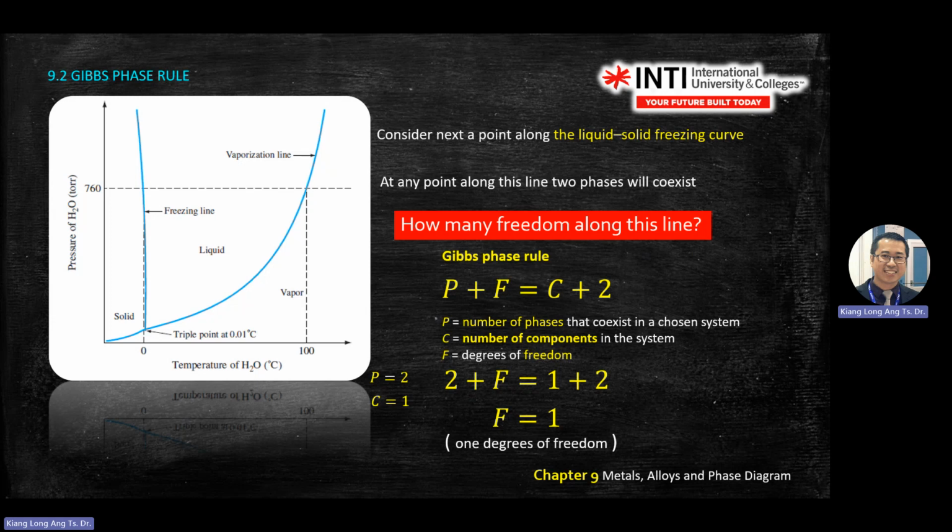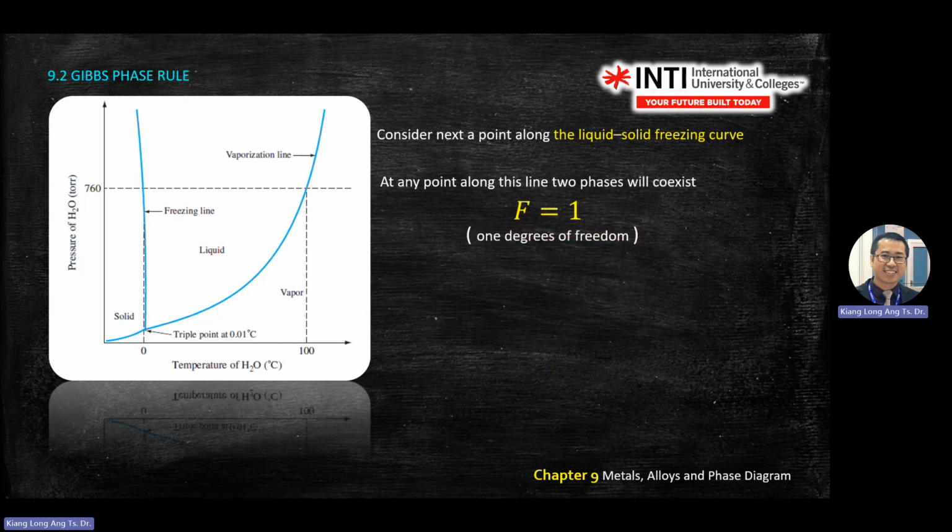You cannot identify which one, but the three will be there. Understand? At this point, the triple point, you will see solid, liquid, and vapor at the same time. But you don't know what percentage of solid, liquid, or vapor. So this is F equal 1, meaning you can play with one of the parameters.